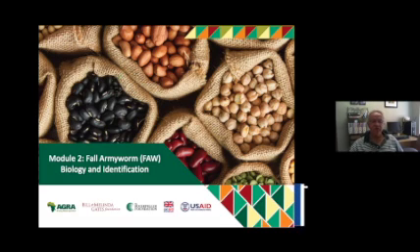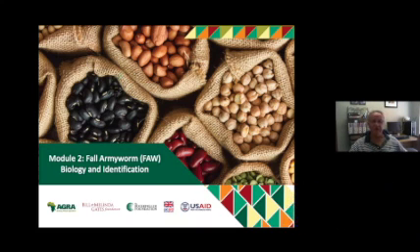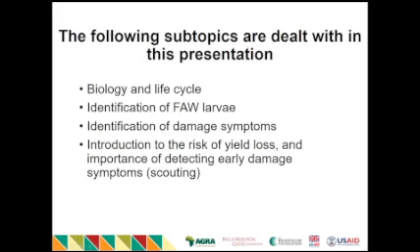Good day, everybody, and welcome to Module 2 on fall armyworm biology and identification. I hope you learn things today to convey to farmers in terms of these topics. The key messages that I want to convey to you today are the following. We're dealing with specific subtopics.